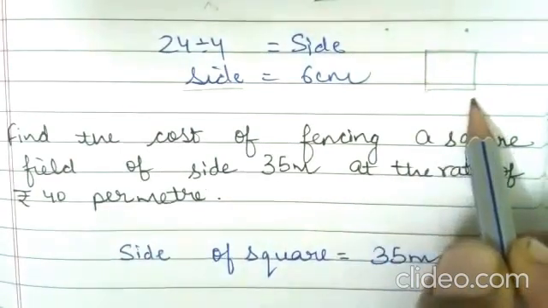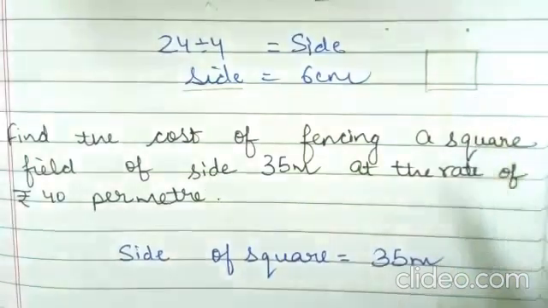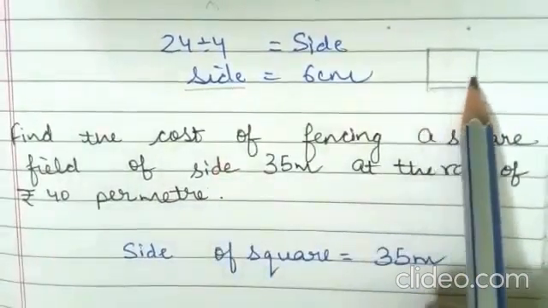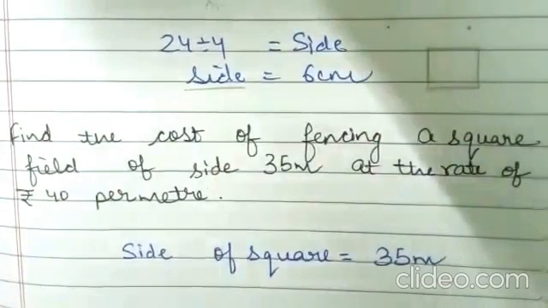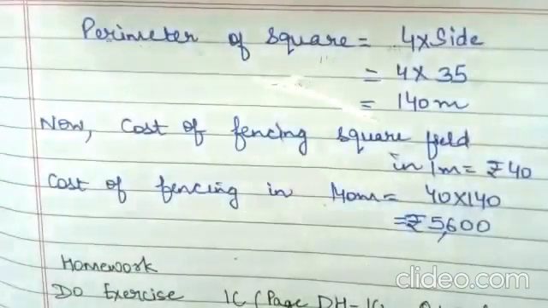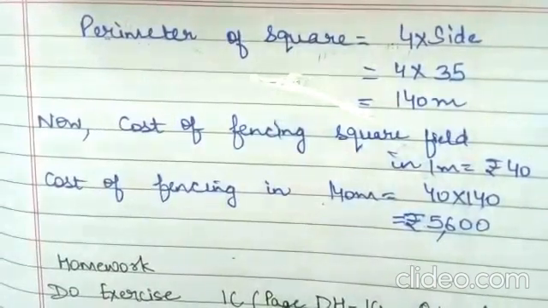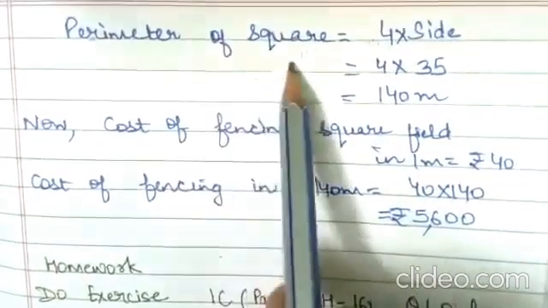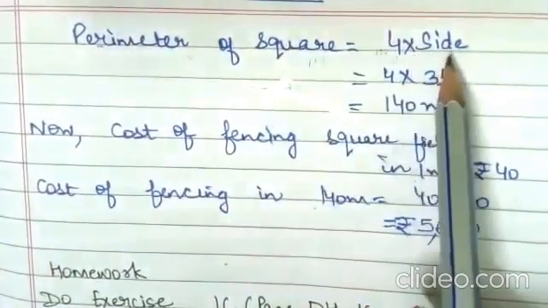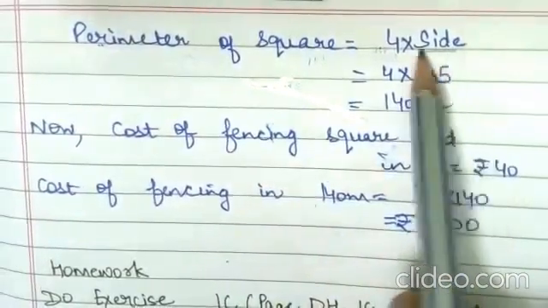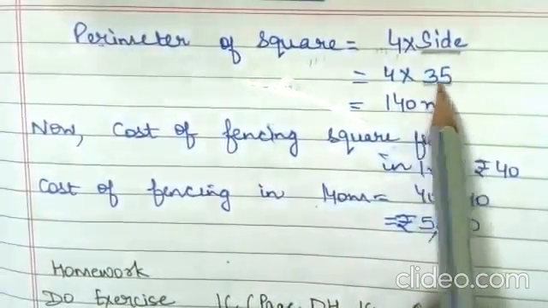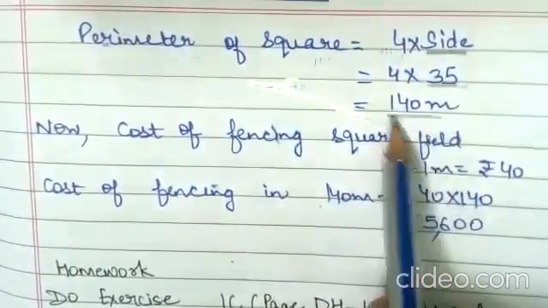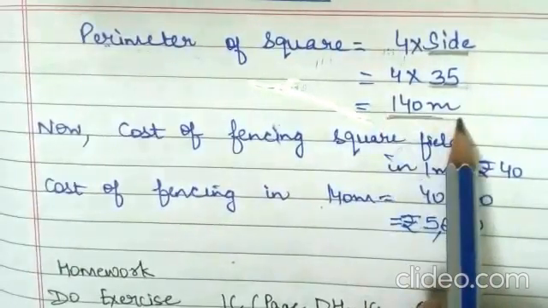We will find the perimeter first, because the total cost we have to find out. So first of all, total length we should have. Now side of a square is given to you, that is 35 meter. So formula for the perimeter of square is 4 multiply side. Now what is side? That is 35. And on multiplying we get 140 meters.